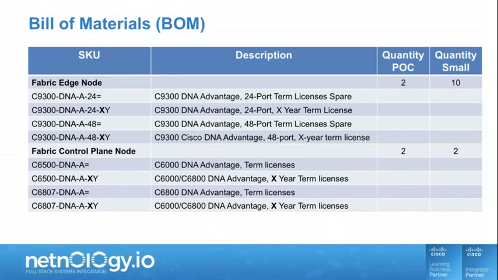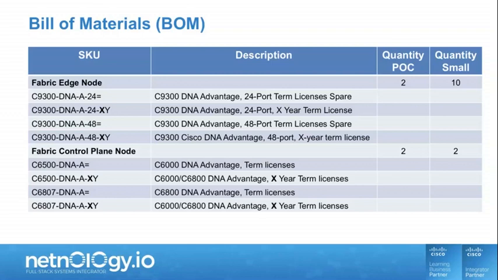So for example, we can pick a SKU for a Cisco DNA 24 port, or we can pick a SKU for 48 port. For the control plane, we can pick a 6500 or we can pick a 6800. We can combine our border node and control plane functionality into the same physical hardware as well.